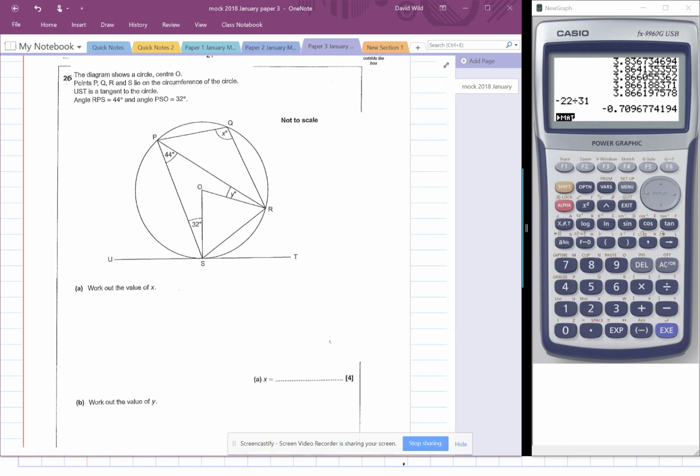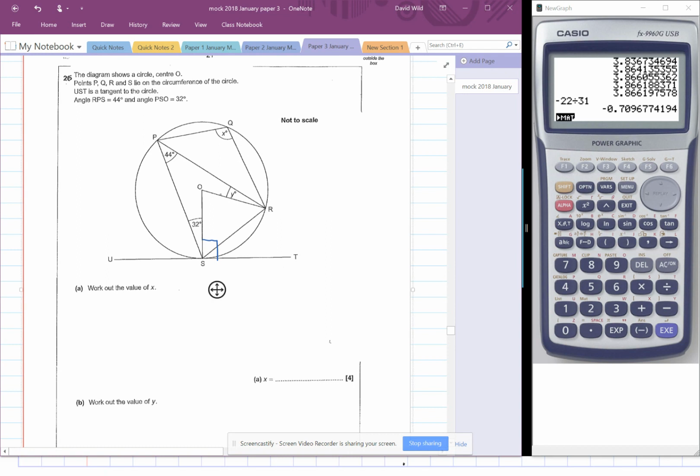First thing, I know that this is a right angle because a radius meets a tangent at 90 degrees. If that's 90 degrees, what else can I work out?